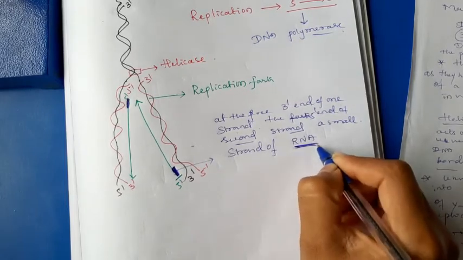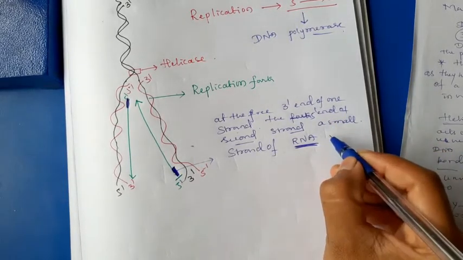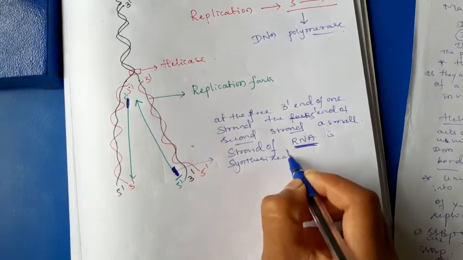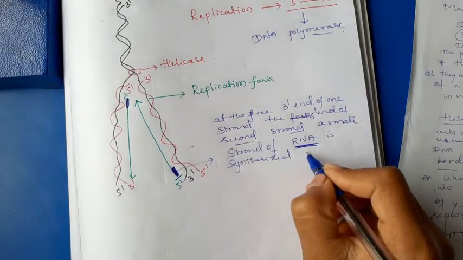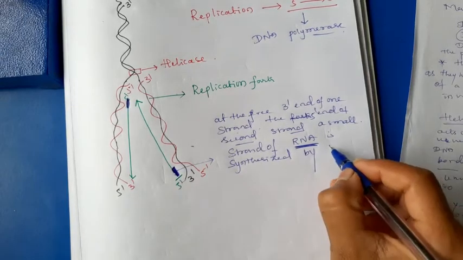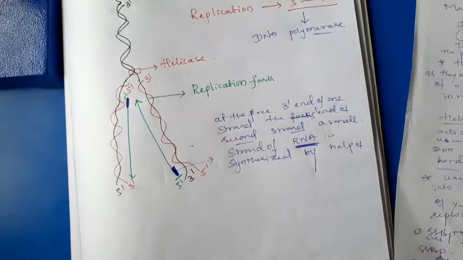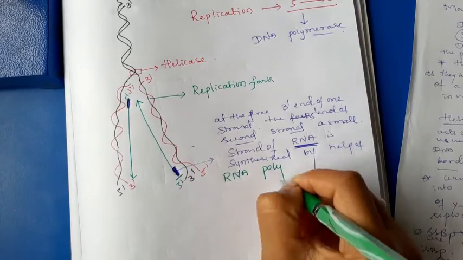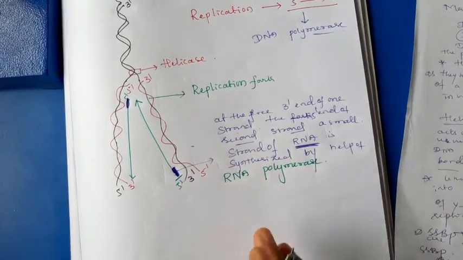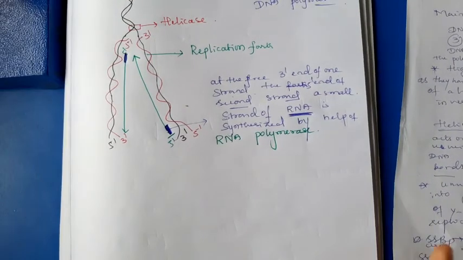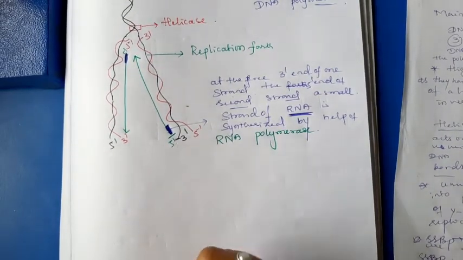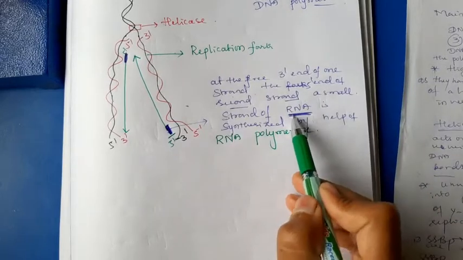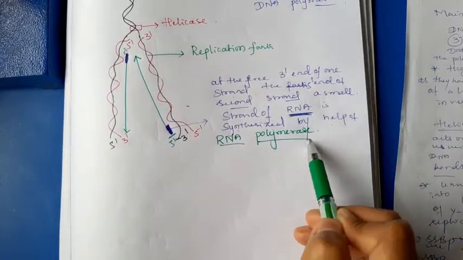Remember this: a small strand of RNA is synthesized with the help of RNA polymerase. Here you can see the 3 prime end of one strand and the 5 prime end of another strand, and a small strand of RNA is synthesized with the help of RNA polymerase.